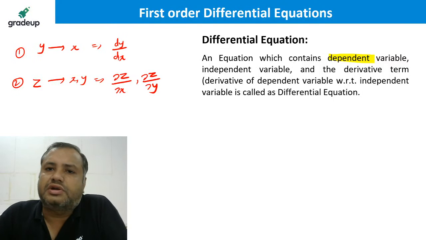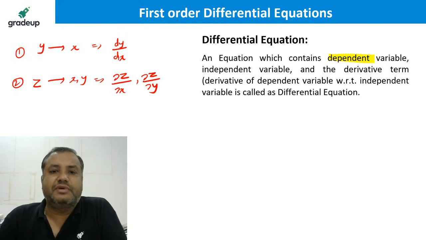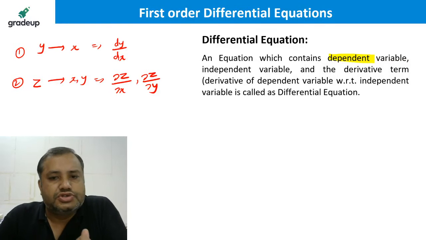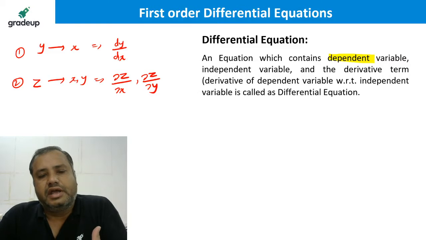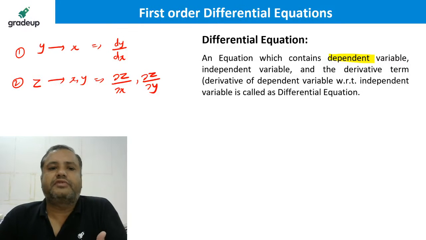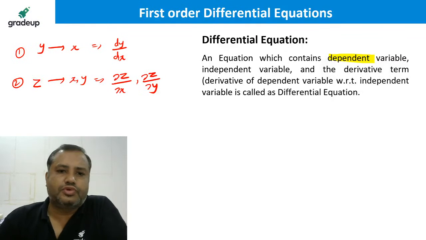So depending on the type of dependent variable present in the differential equation, the nature of the differential equation is decided. Based on the dependent variable, derivatives will exist, and the type of derivatives in the equation gives you two classifications.